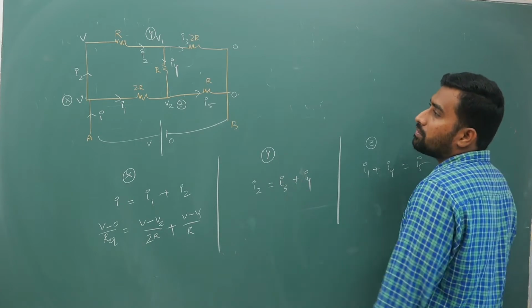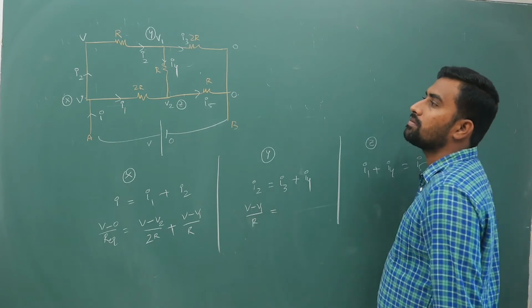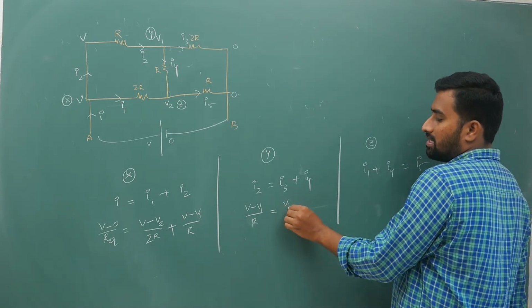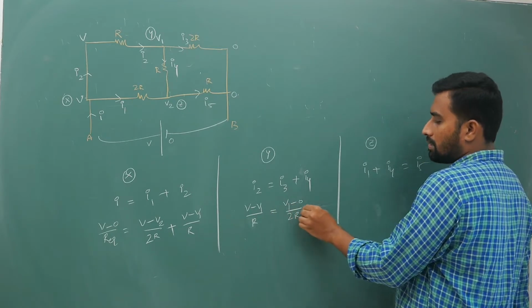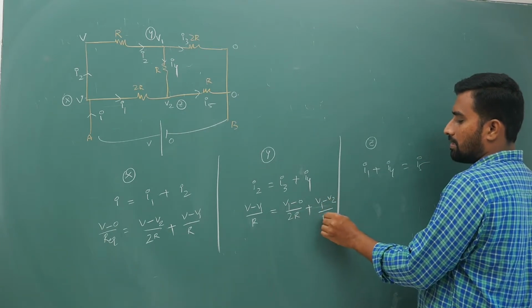Next, for the I2 part, V minus V1 by R, that is equal to I3, V1 minus 0 by 2R, plus I4, which is V1 minus V2 by R.